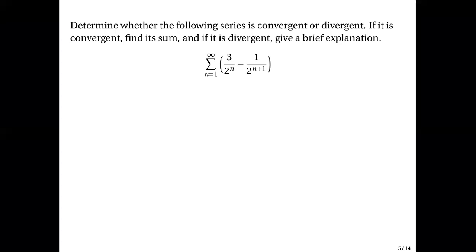This series here, we rewrite as the sum as n runs from 1 up to plus infinity of 3 over 2 to the n, minus the sum n from 1 to plus infinity of 1 over 2 to the n plus 1.